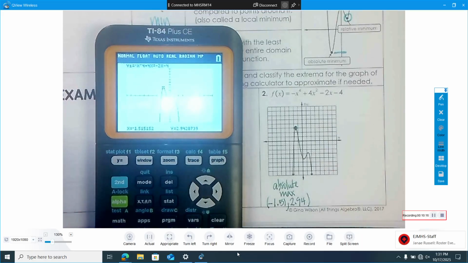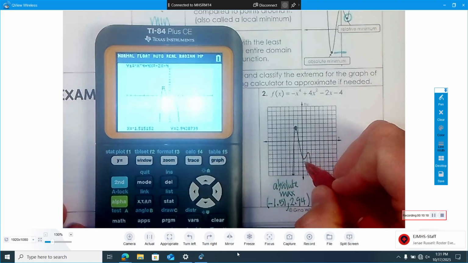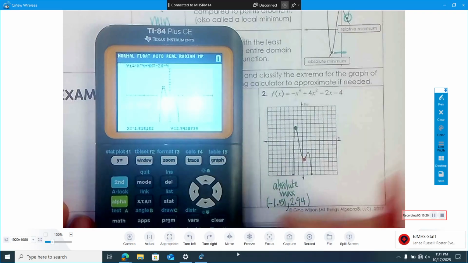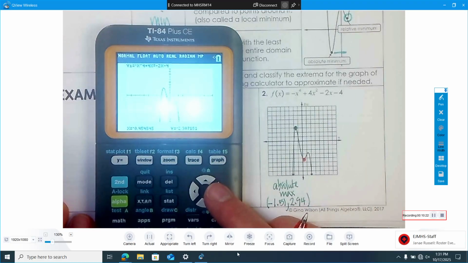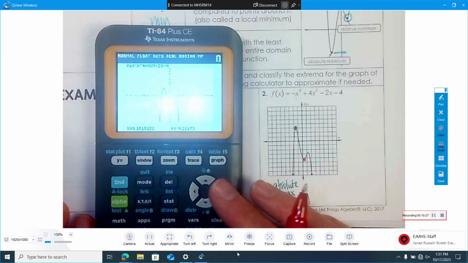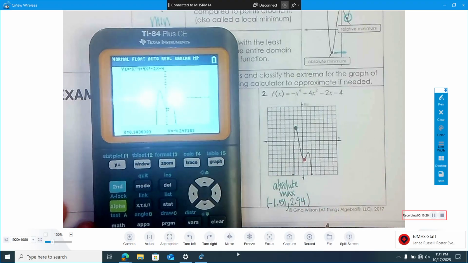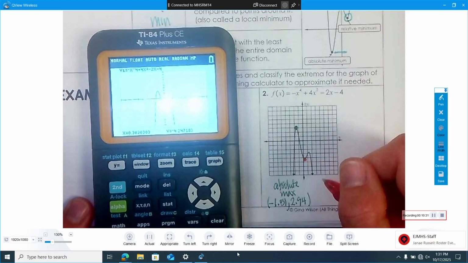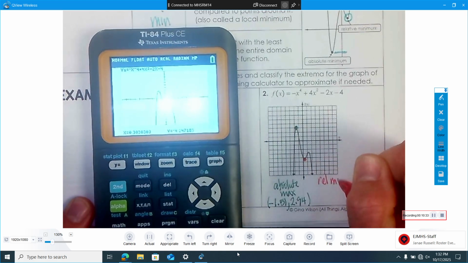All right, let's see. Then, what would you call this point down here at the bottom? A relative minimum. Yes, very good. It's relatively the lowest point compared to those next door to it. I think that's pretty good, about right there. So I'd call that a relative min.